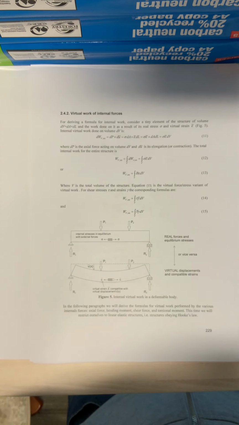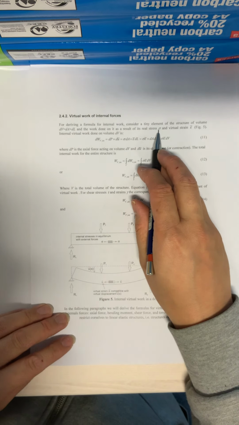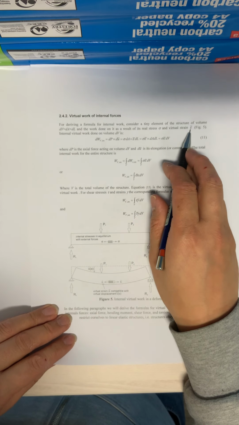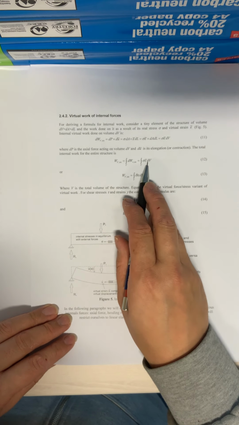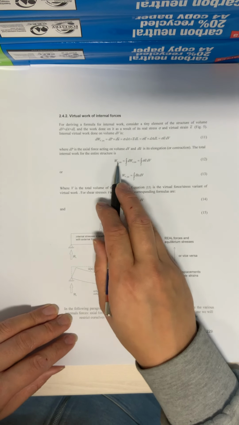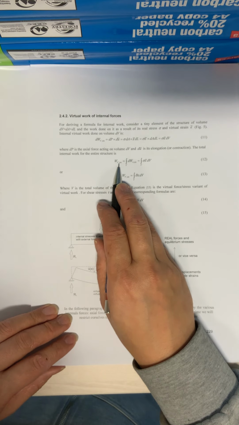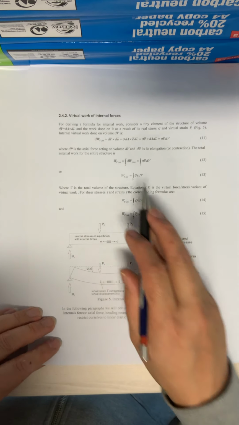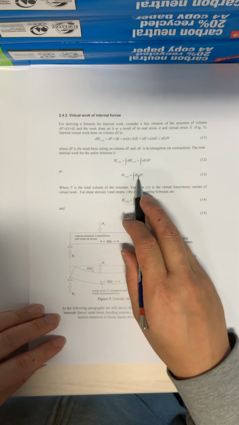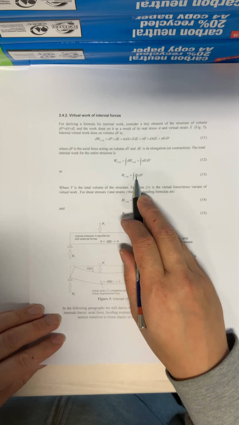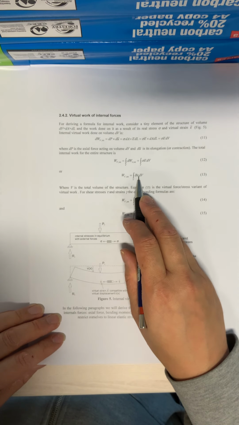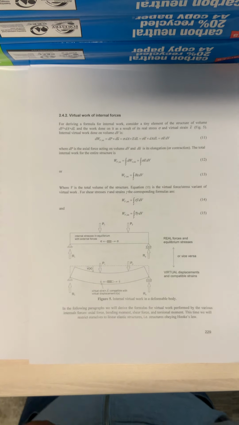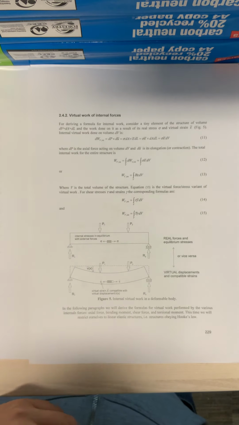And if you multiply the real stress by the virtual stress and do the integral over the volume, you're going to be able to get the virtual work internal. So the virtual work internal is virtual stress multiplied by real strain over the volume dV, and that will give you the internal virtual work.